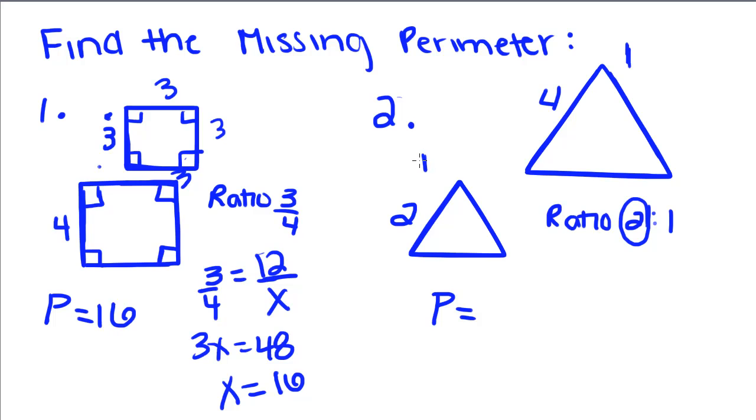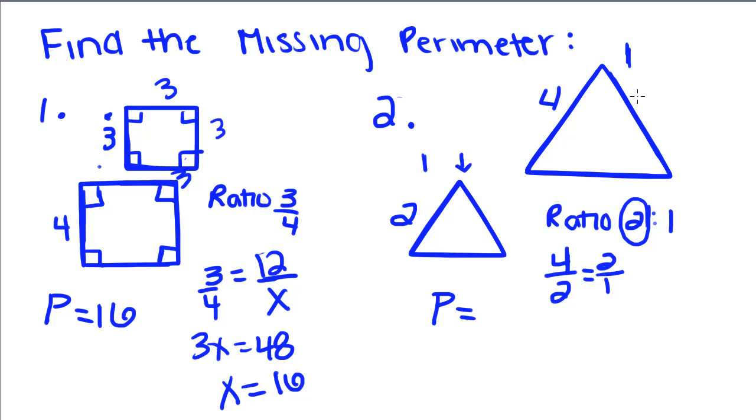Now, you might say that looks funny because this is a 4 and this is a 2 and not a 2 to a 1. But if you put the big triangle over the little triangle and you simplify by dividing by 2, you get 2 to 1.